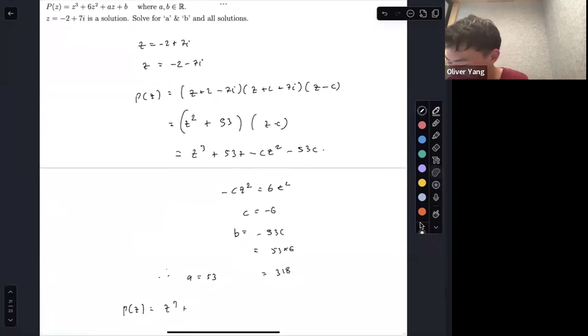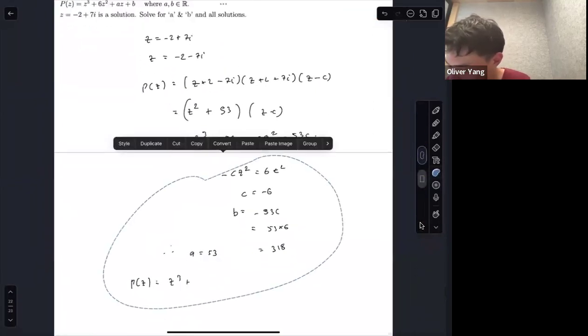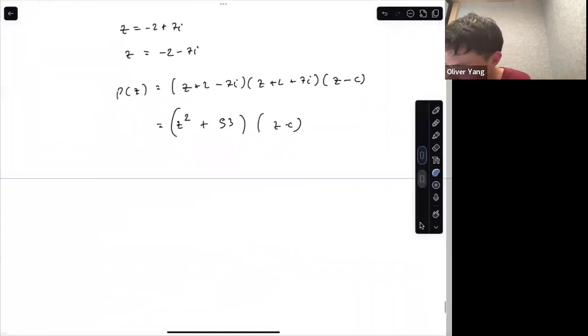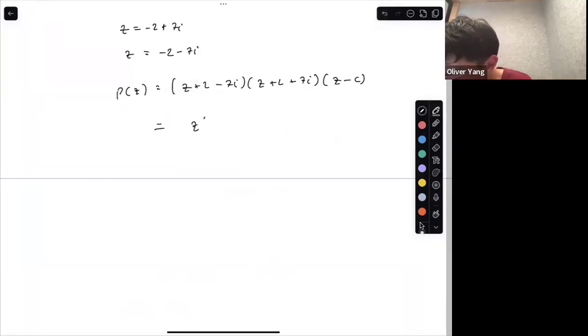So let's restart. Whoops. So I did make a mistake here. So this would be Z squared plus 4Z plus 4 plus 49. There we go, much better, right?